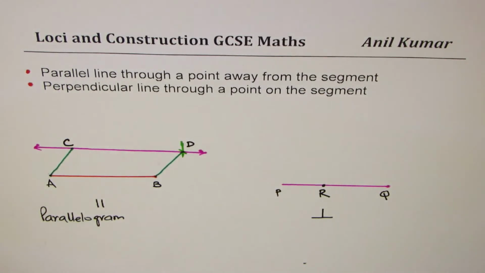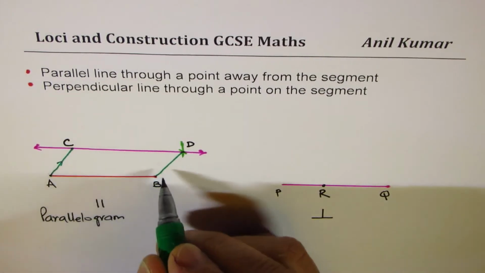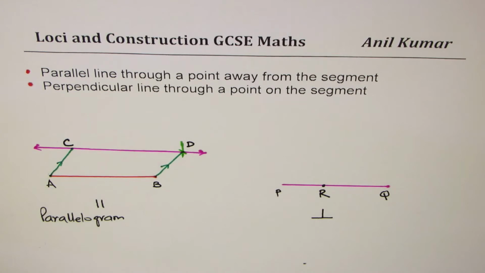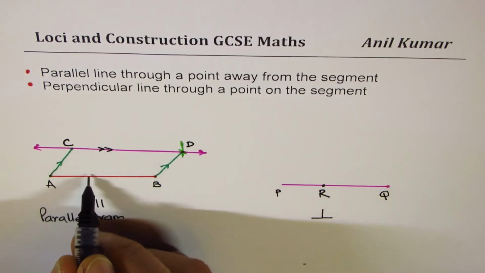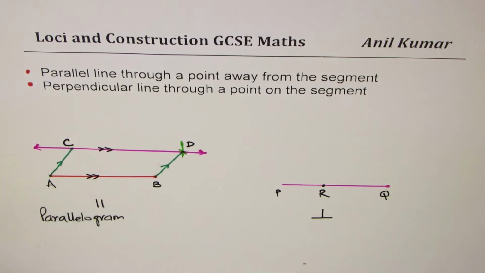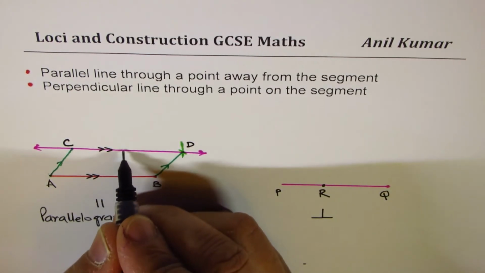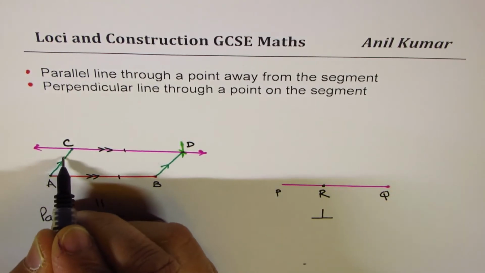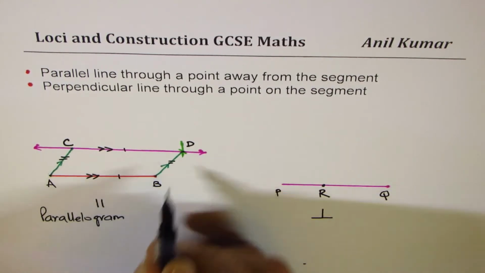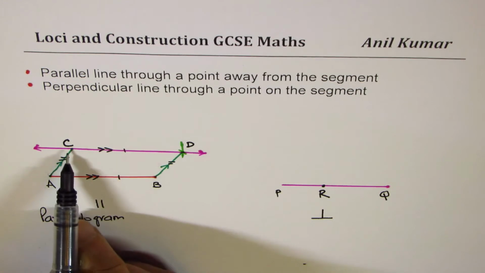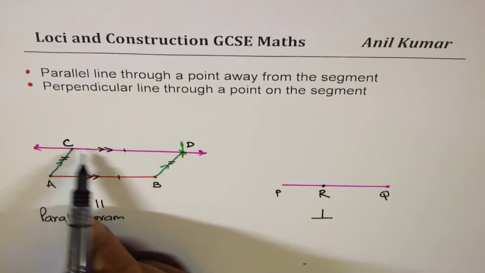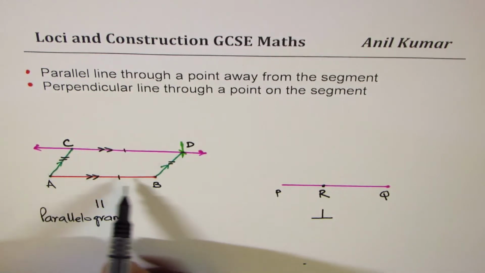In a parallelogram, opposite sides are parallel, and also of equal length, right? So that is the concept which we applied. So we measured AB and made sure that CD is of the same length as AB.